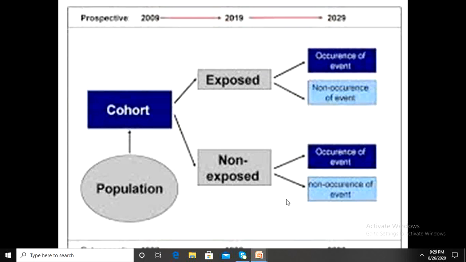And then the number of cases of lung cancer which developed in non-smokers, and the number of people who remained normal and did not develop lung cancer in the non-exposed group. So we started with cohort identification. We divided them into exposed and non-exposed groups, and then we followed them over a longer period of time to assess the outcome of interest. This is the basic study design of cohort studies.